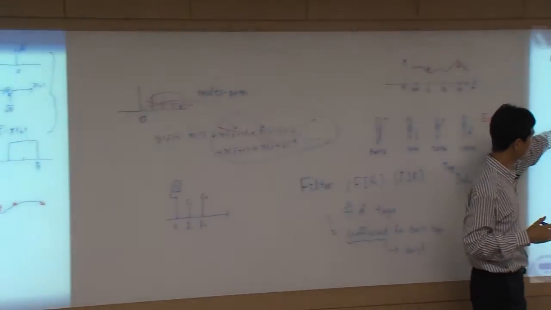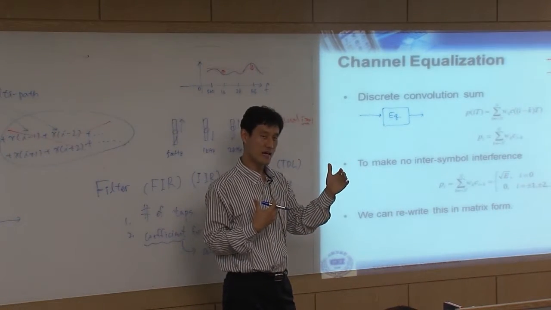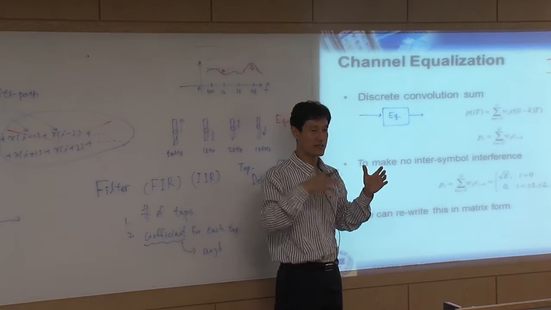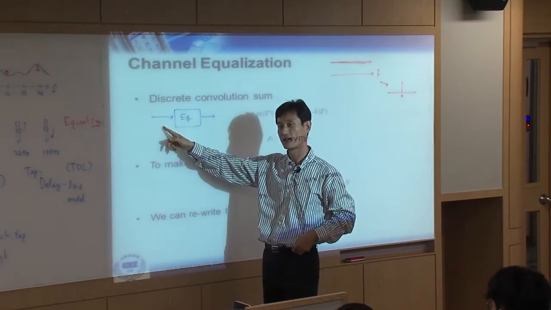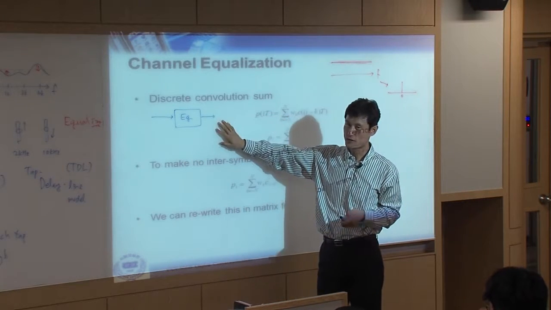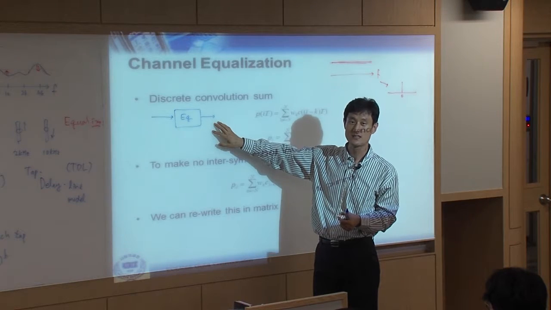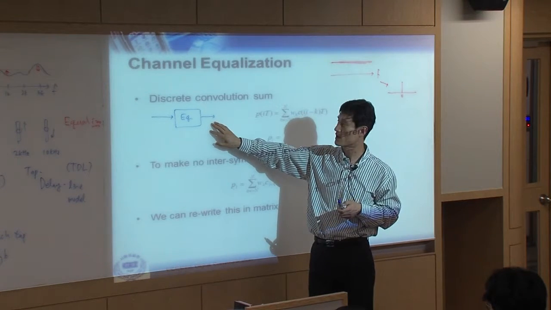This input is a received signal, but it is not a clean signal. We receive some signal with ISI. So that is what is coming in. What is our output? Our output is going to be a clean signal with no ISI. That's what we are trying to get, right?